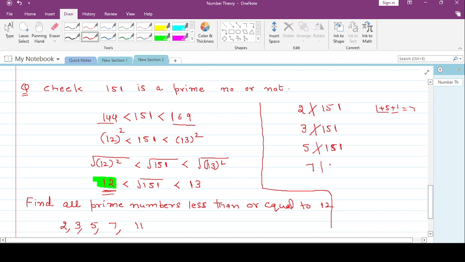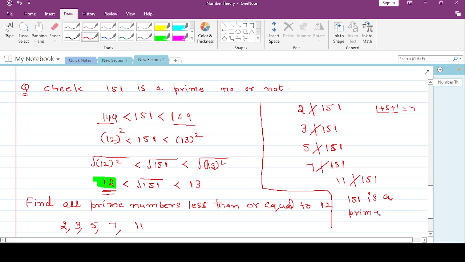Does 7 divide 151? See, 7 twos are 14, then it carries 1, 11. 7 ones are 7. So it does not divide. Then does 11 divide 151? No, it doesn't divide 151. You can check it. So it means that none of these numbers divide 151. So we can say that 151 is a prime number.